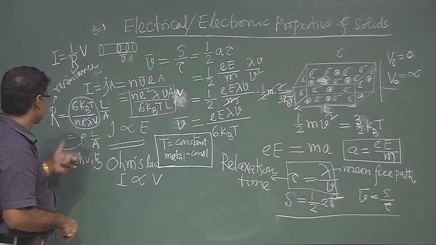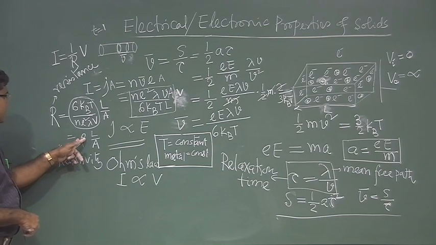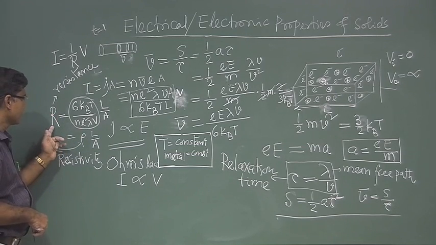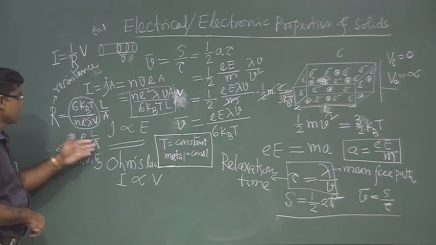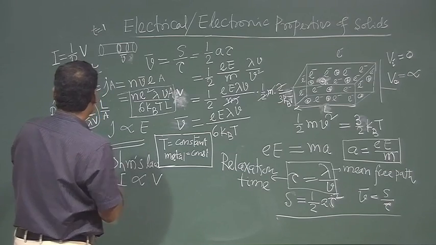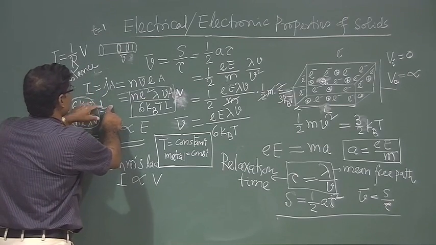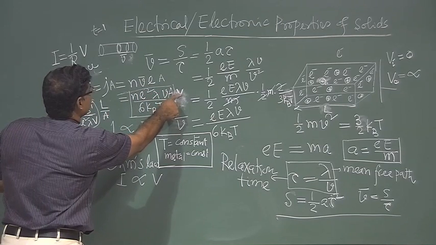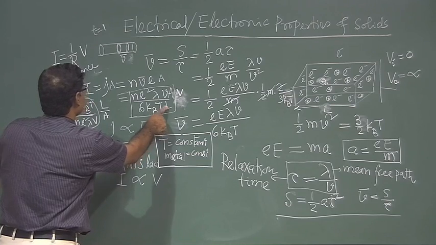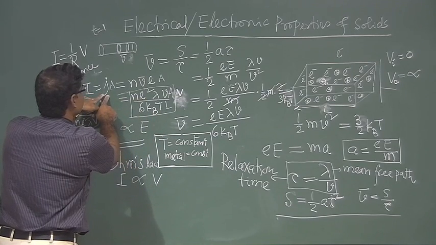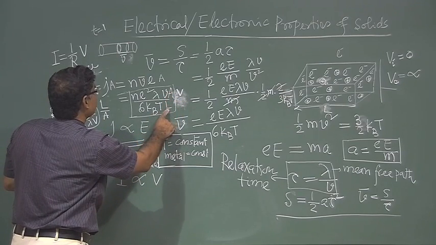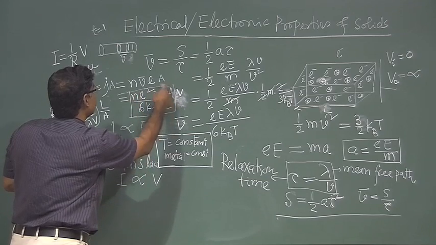So, rho is basically resistance per unit length and per unit cross section, right. And if you see this, I have included A and L when I consider the J. So, if you just leave this A and L, whatever term will be there.